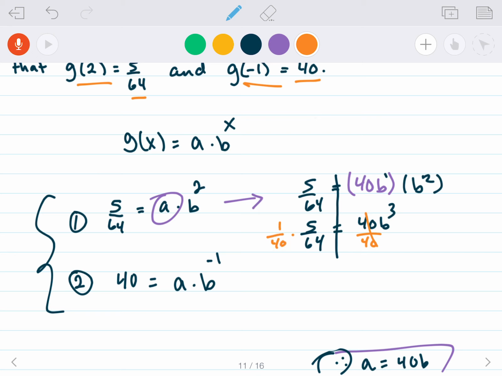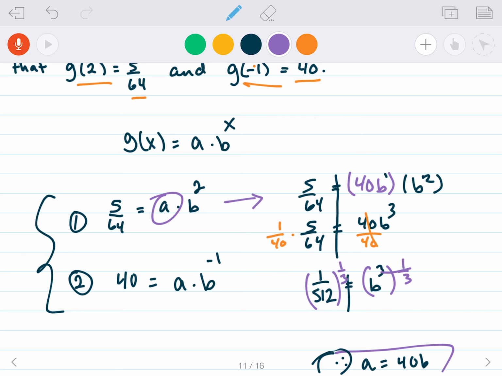It's the same thing. And so I get b to the third is equal to, let's go ahead and just multiply this out and simplify it. Let's see what we get. Okay, so I'm getting 1 over 512. And so to get b by itself, I want to undo a cube. So I want to take the third power of both sides to undo that cube.